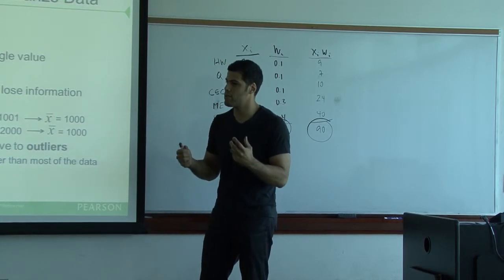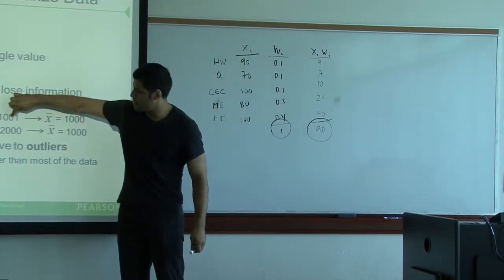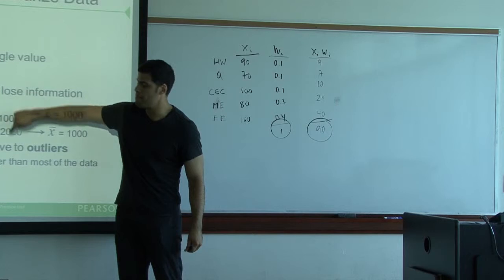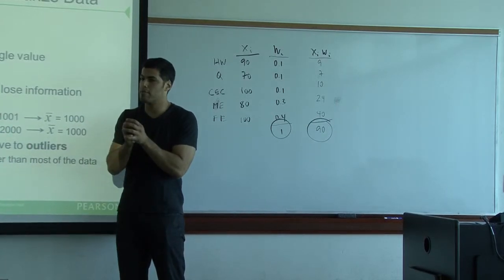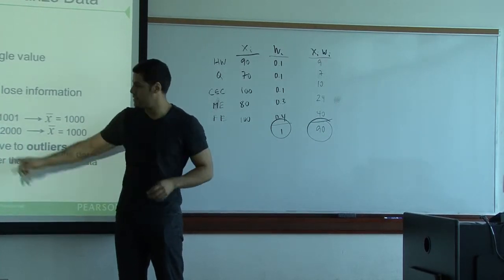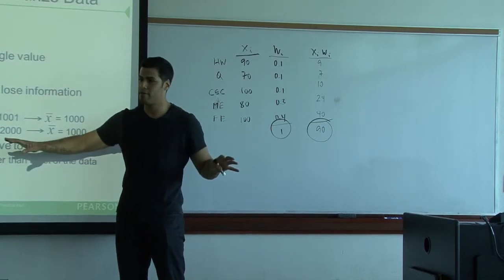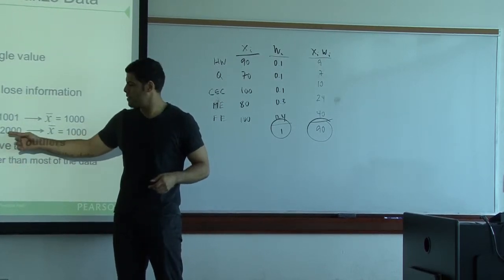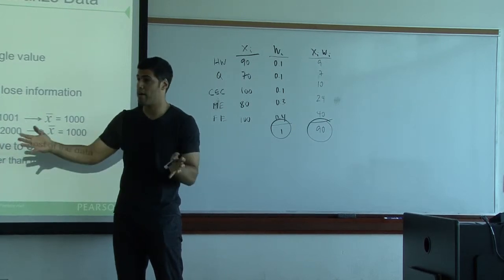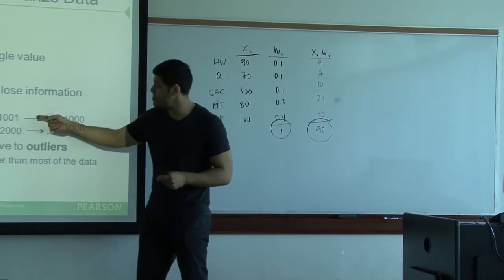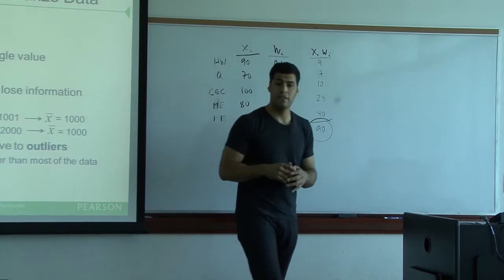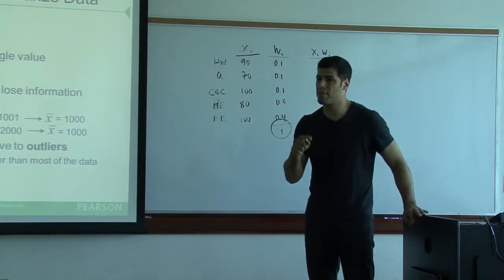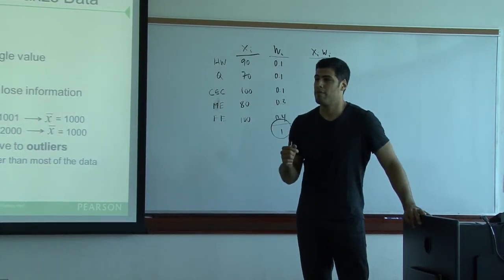In sample 1, the data is much more clustered together; in sample 2, the data is much more spread out. There are other things we're going to look at later today that measure how spread out the data is. So sample 1 and sample 2 have the same mean, but they have different measures of variation.